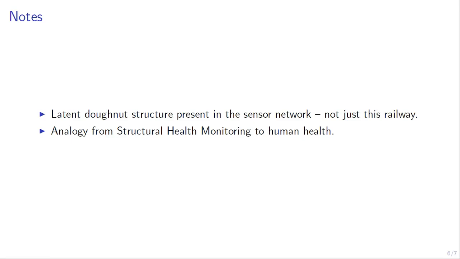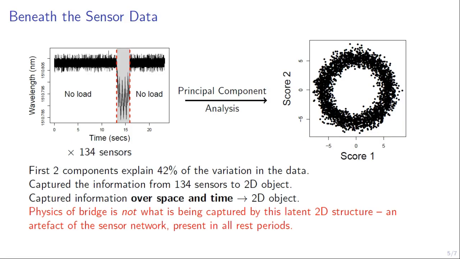For example. What I'm saying is that that is the resting heart rate, or could be considered a resting heart rate. How long it takes to get back to that after a train passage event may be of interest for monitoring over long periods of time. That's one way of doing it. I'm not saying that's a good way. That's just one. And operating on that 2D latent structure is much easier than a 134-dimensional object.